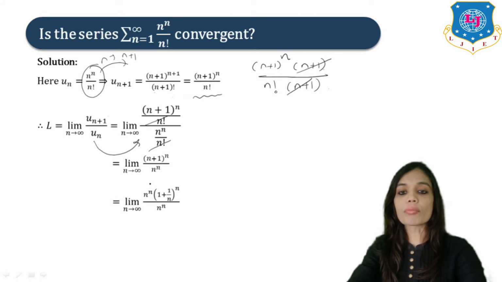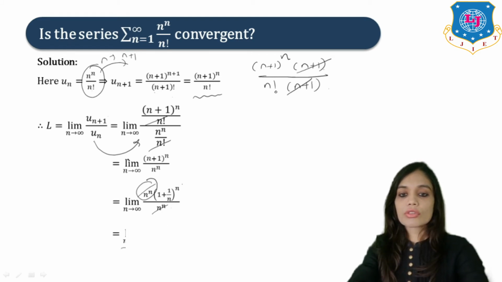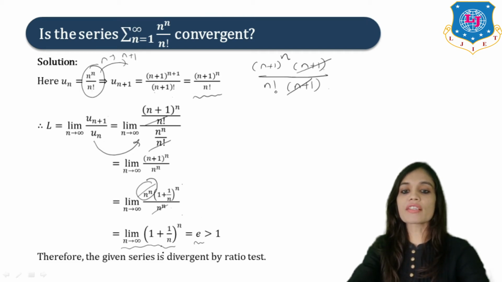So n raised to n into 1 plus 1 upon n whole raised to n. Denominator will remain as it is, that is n raised to n. Now again these two get cancelled out. So what is remaining? Limit n tends to infinity 1 plus 1 upon n whole raised to n. Now this limit, we know the answer, that is equal to e, which is greater than 1. So by ratio test, what we can say? That the series is divergent.